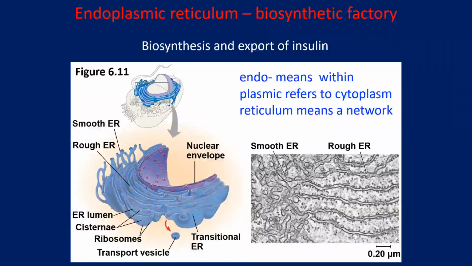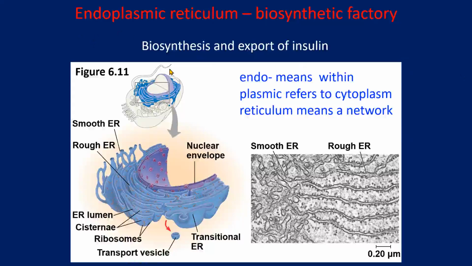Now coming to the particular parts of the cell, the first part I'm going to talk about is the endoplasmic reticulum. The endoplasmic reticulum is the biosynthetic factory of the cell, and it has a lot of processes.